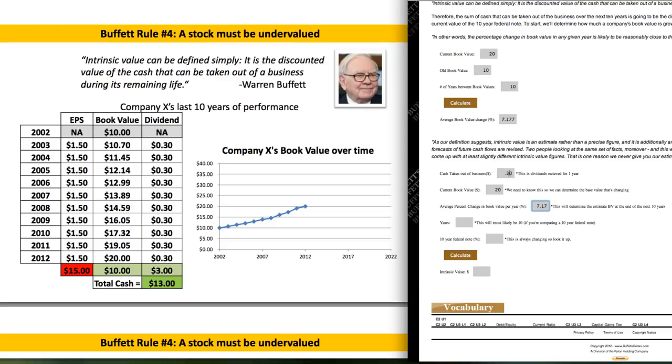Maybe you might make a 35-cent dividend on average over the next 10 years. I like to take the most conservative approach possible. So if it's a 30-cent dividend today, I'm going to use a 30-cent dividend for the next 10 years because that's a pretty conservative estimate in my opinion.